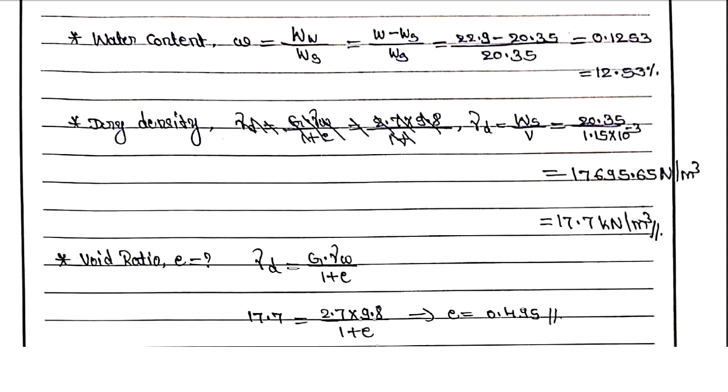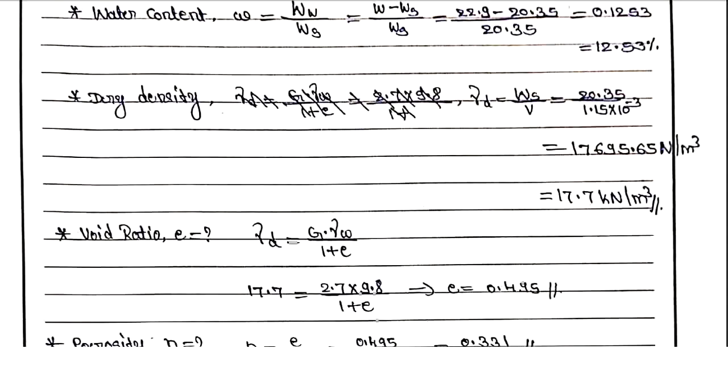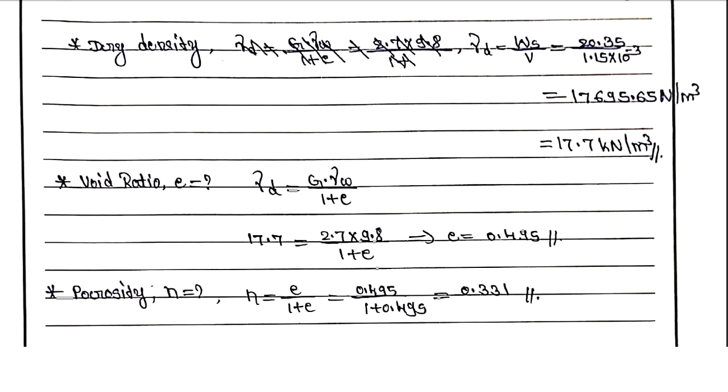Next I need to find the void ratio. To find it, I can use the relation of dry density: γD is equal to G γW divided by 1 plus e. Here 17.7 is γD, G is 2.7 which they have given, and γW is 9.81, the standard value, divided by 1 plus e.